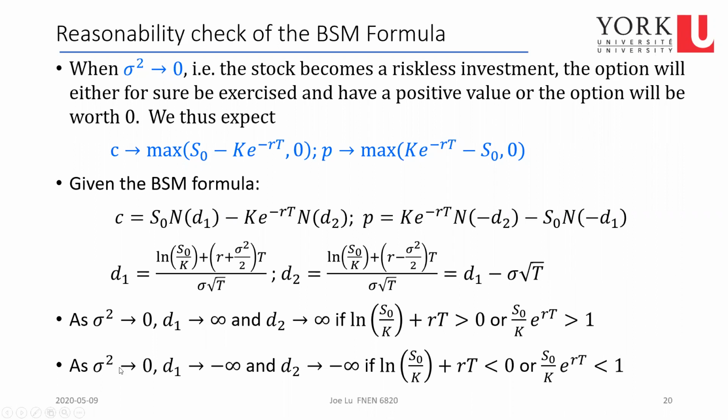So in that case, you have a 0 here because your N(D1) and N(D2) are going to be 0.